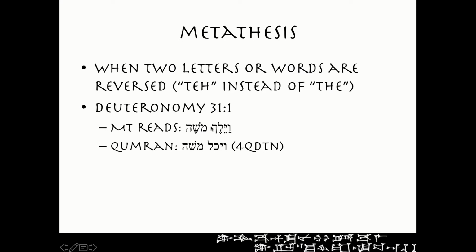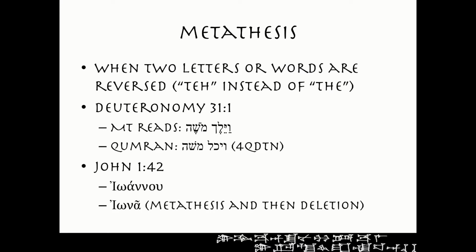Yud, Lamed, Kaf. However, at Qumran, we see Vav, Vav, Yud, Yud. This letter and this letter are the same. This is how it shows up when it's at the end of a word. These two letters are the same, and then there's your Lamed. Notice that the positions have been reversed. This is metathesis. They've been swapped.